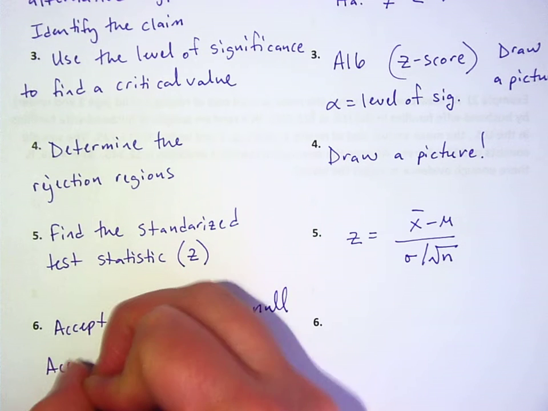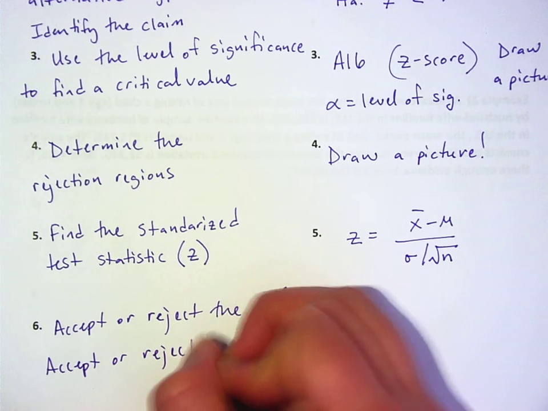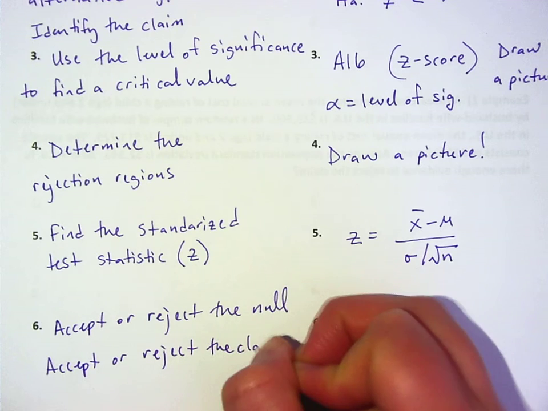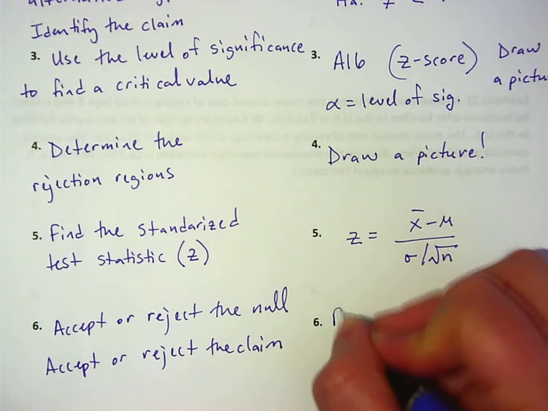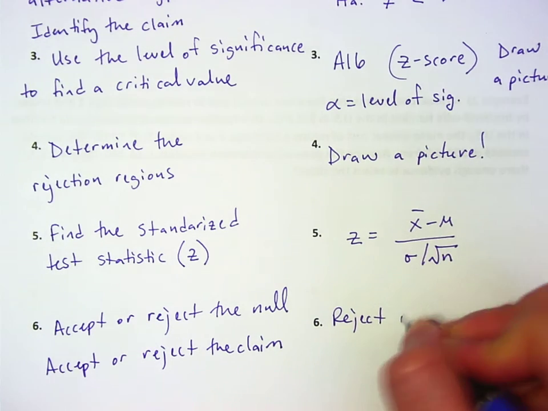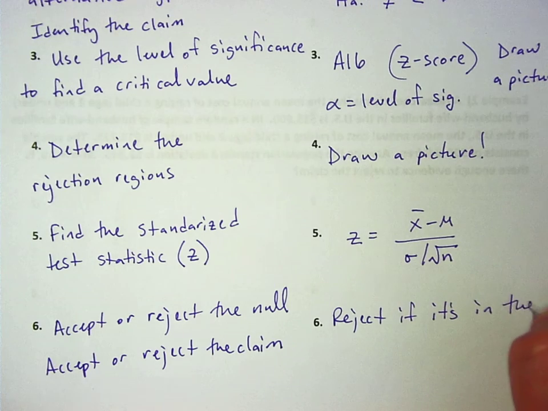And then you accept or reject the claim. And you reject if it's in the rejection region.